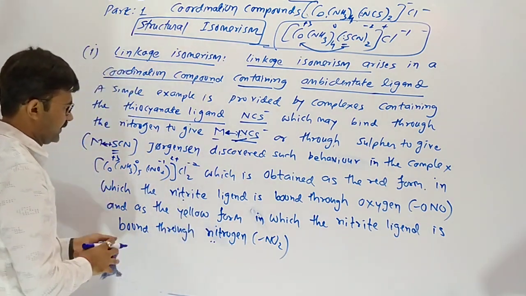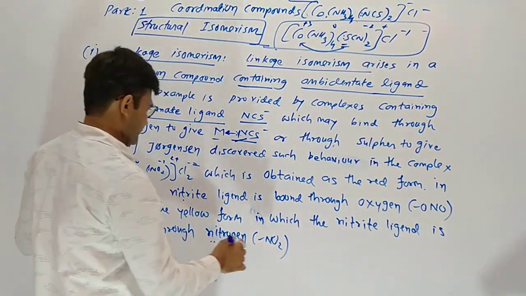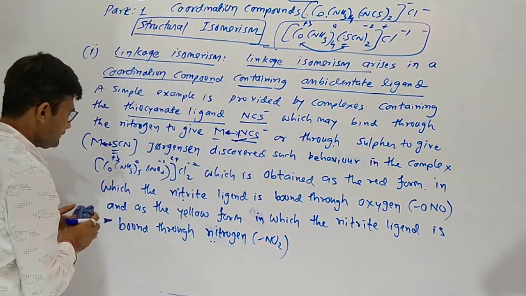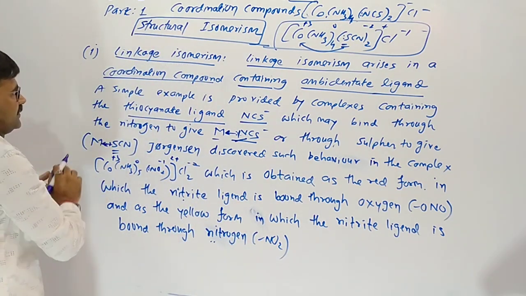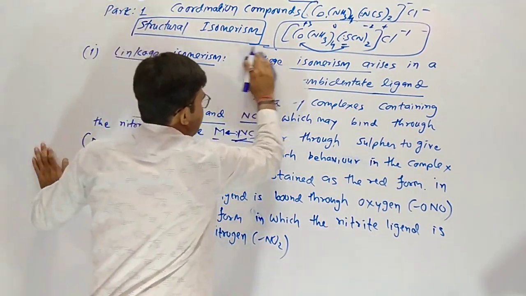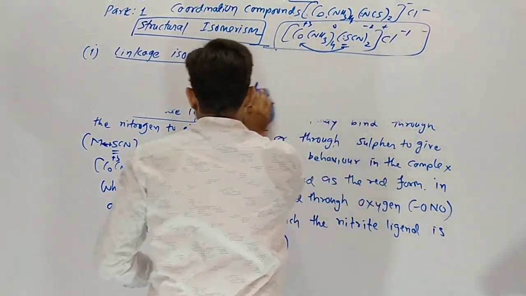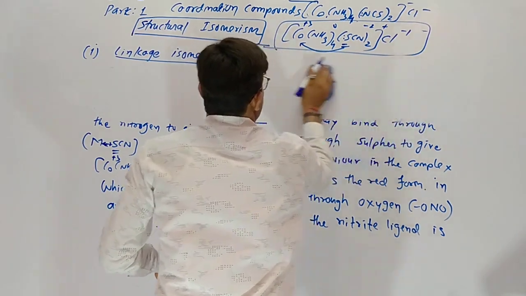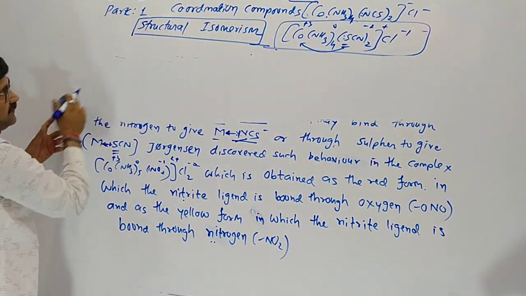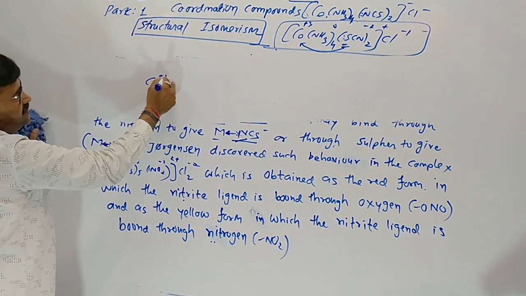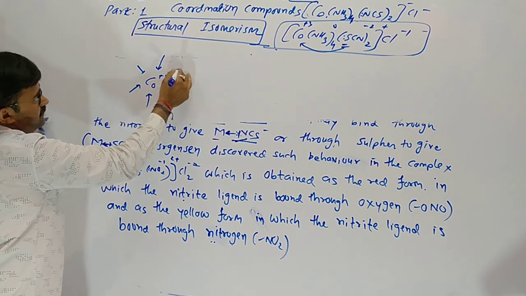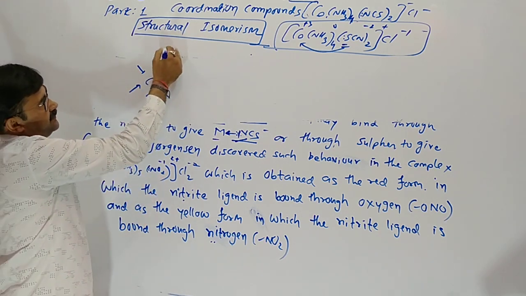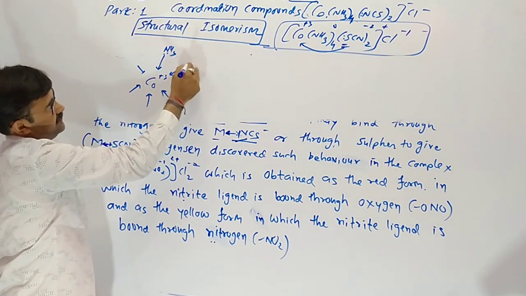So I am giving the example of it. Here you can see, understood? I am giving you example one by one. In this structure, cobalt +3 combining with the 4 amines.